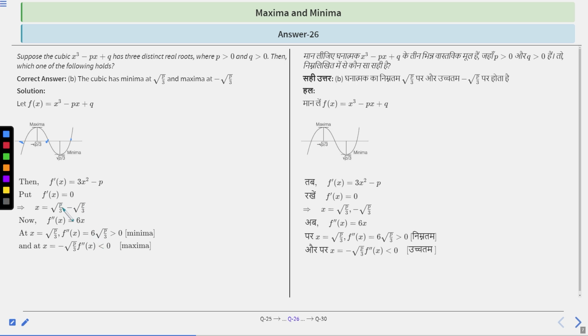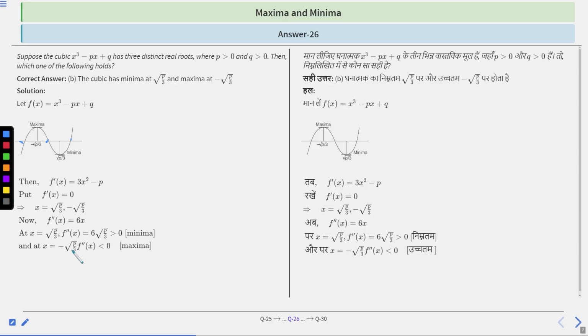Now f double dash x is equal to 6x. Clear? So at x equal to root over p by 3, f double dash x is equal to 6 root p by 3. That means it is positive because p and q are positive, right? So it is positive, therefore at x equal to root p by 3, the function attains a minimum value.